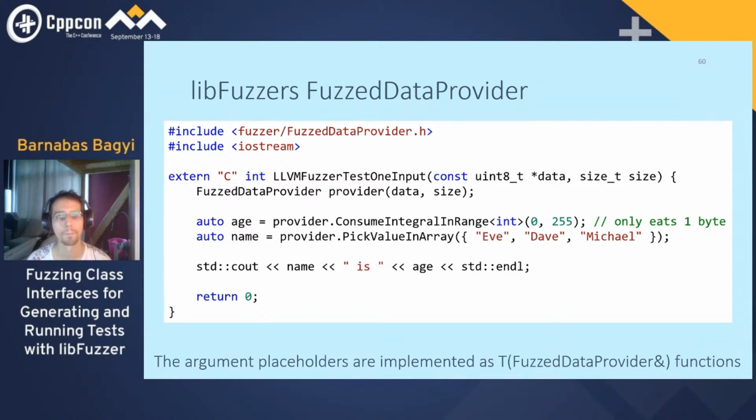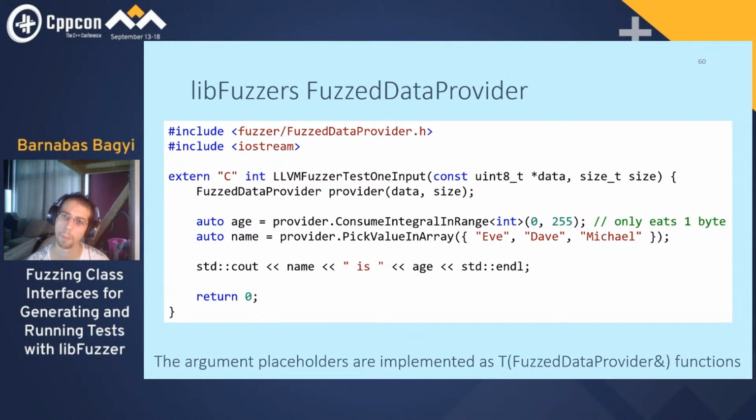And why I've specifically chosen this example is that the data that it's trying to generate fits on 1 byte, right? The range from 0 to 255 fits on 1 byte. And even though we are generating an integer, fuzz data provider is smart, realizes that the range we want to cover only needs 1 byte, and so it only eats 1 byte from the input.